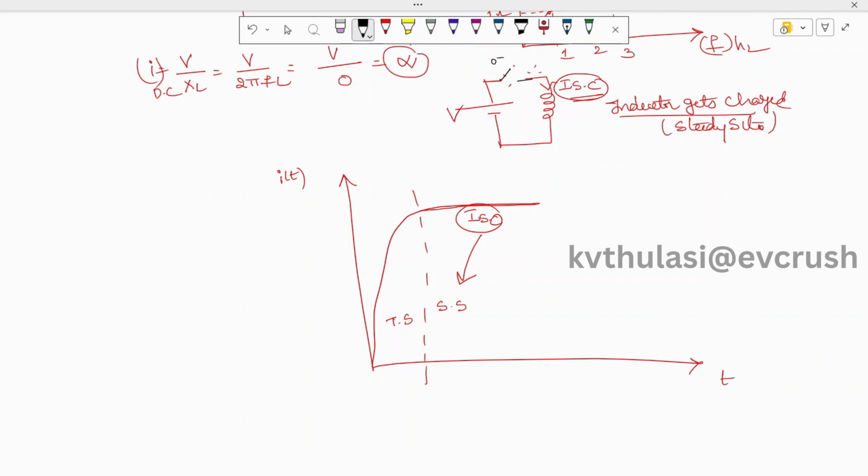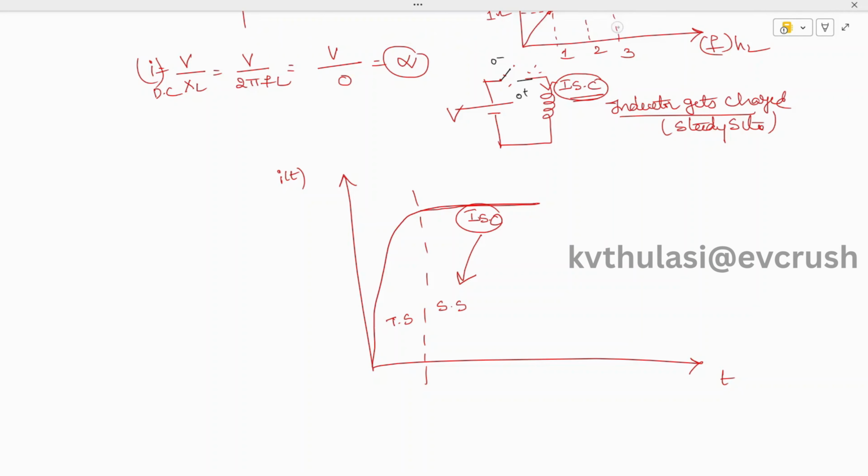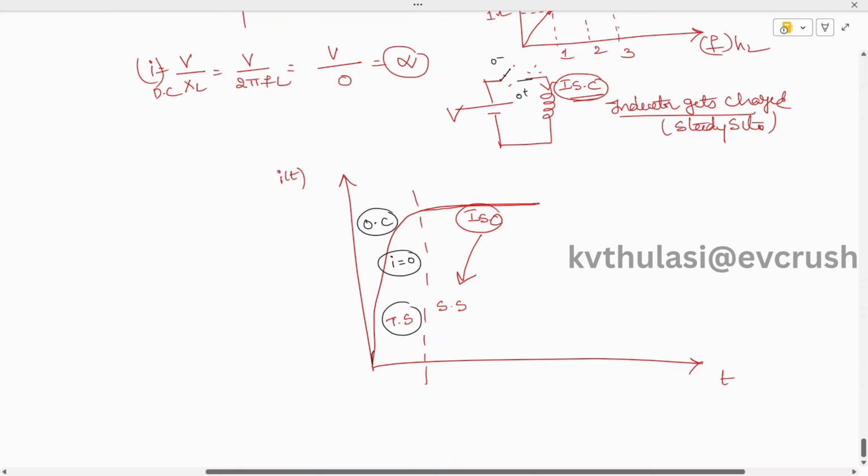This is t equal to 0 minus, and this is t equal to 0 plus. As soon as you give the supply, the inductor slowly gets charged. It will not allow a sudden change in current. That's why initially it acts as an open circuit, and later it comes to steady state, making the inductor a short circuit, and the inductor gets fully charged. As soon as you close the switch, the inductor will not allow the sudden change in current.